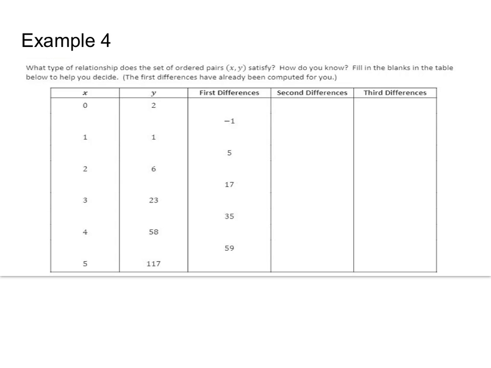Okay, last example, I believe. Yep. So what type of relationship does the set of ordered pairs x, y satisfy? How do you know? This is what we're sort of getting into. So we're going to fill in the blanks in the table below to help us decide what degree polynomial this is.